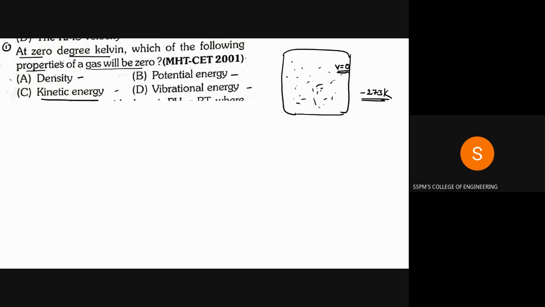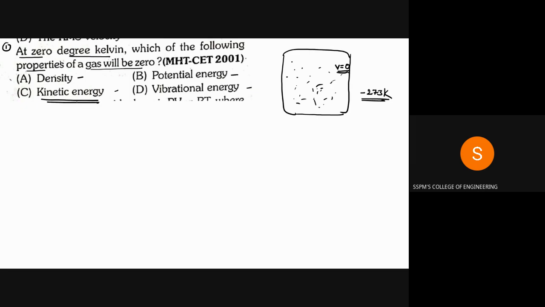As we know, a gas contains a number of molecules which are continuously moving. So at absolute zero, which means minus 273 degrees, the molecular velocity will be zero, and therefore its kinetic energy will be zero.